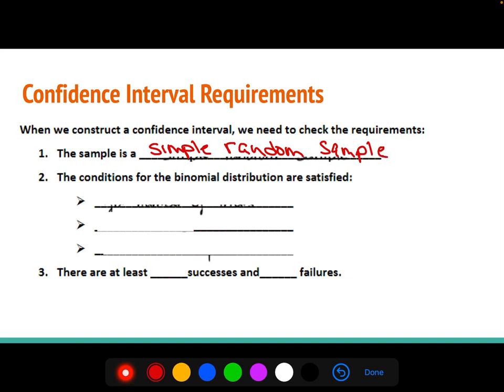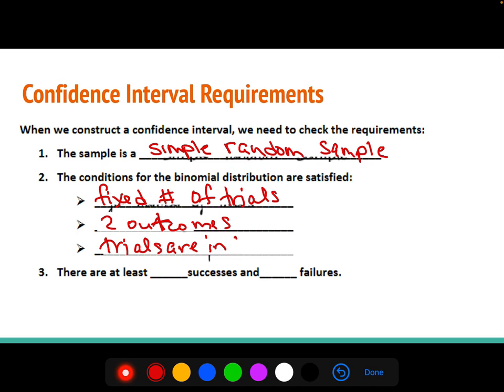And again, for the binomial distribution, that's BINS, it has to have a fixed number of trials, 2 outcomes, like your P and your Q, success and failure, and the trials need to be independent. You need at least 5 successes and 5 failures because you've got to have at least a decent sample size.